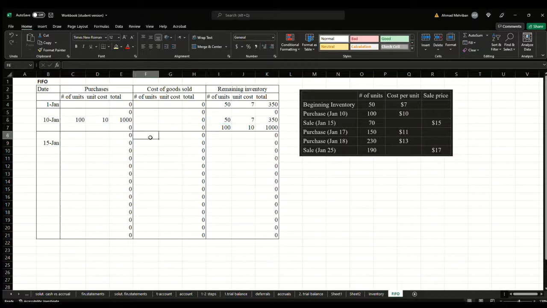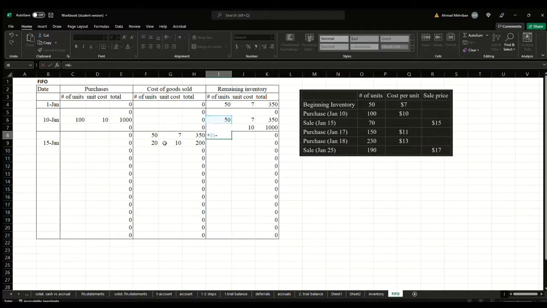So for the cost of goods sold, we sold exactly 70 units. The 50 of those we take from the first lot, at $7 each, and the remaining 20 we use from the second lot, at $10 each. We sold all of the first lot, so even if I multiply by 7, there is 0 left.